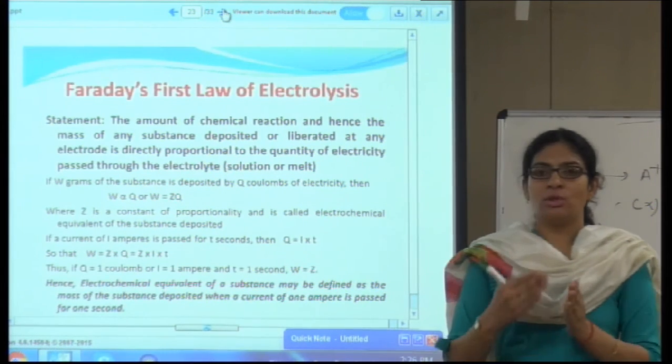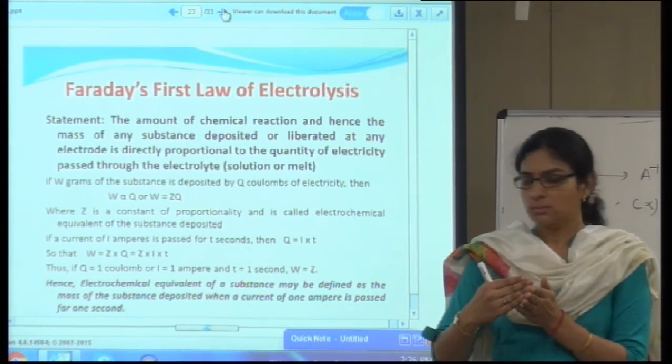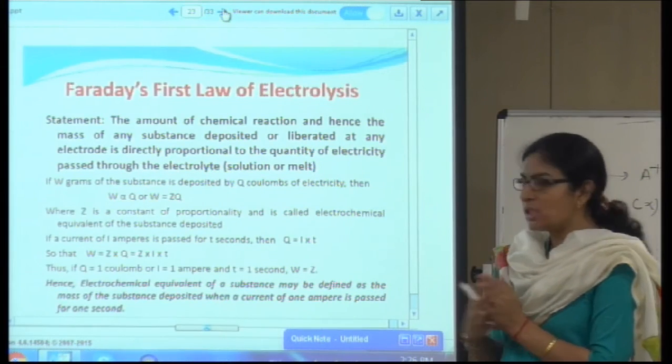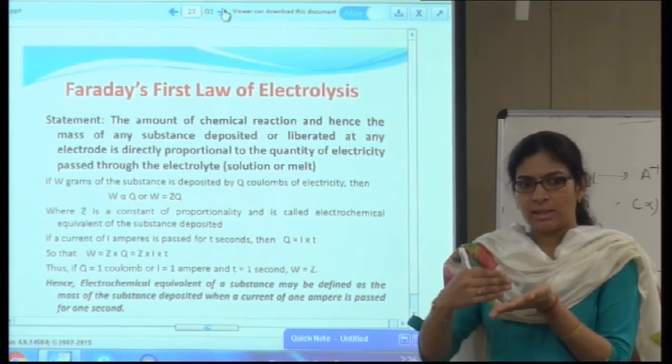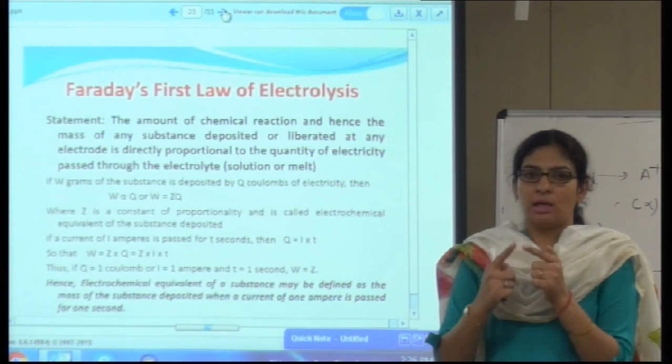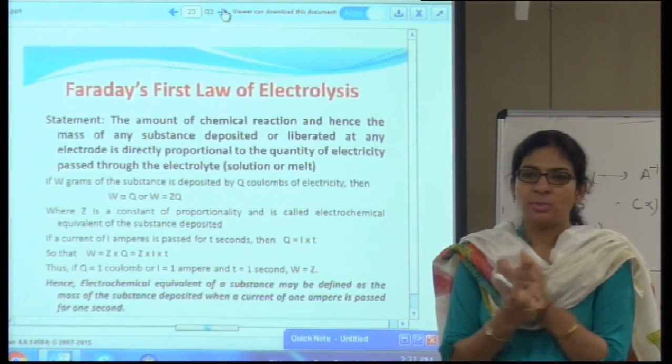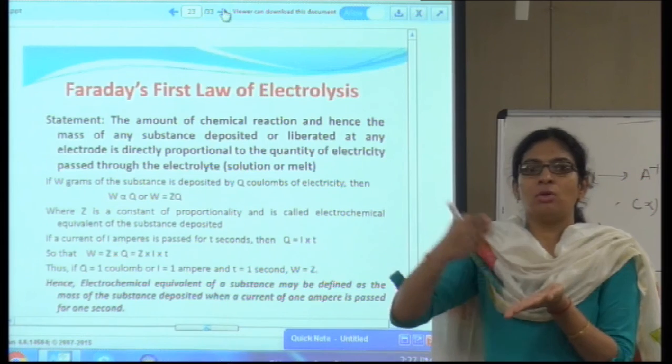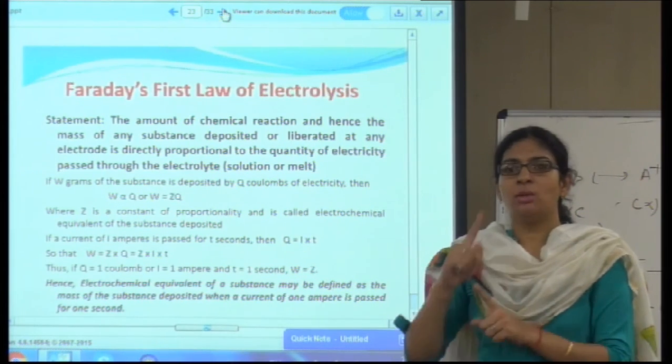Or you know that Q is charge, and charge is current into time. So if 1 coulomb of charge is passed, it means 1 ampere of current is passed for 1 second.